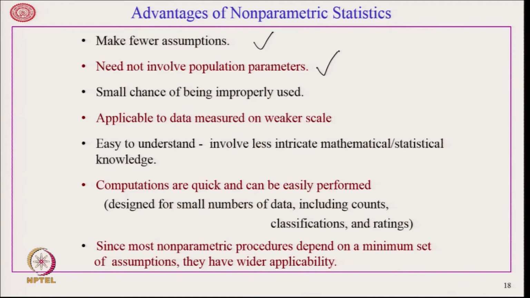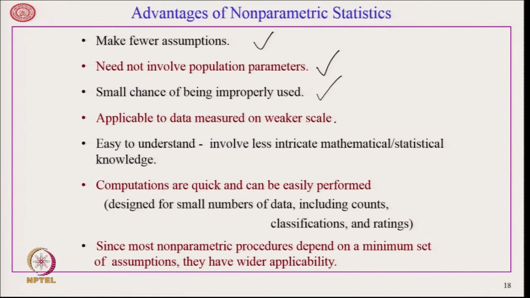As I said, we are not even assuming any distribution for the data which has come from the population. Small chance of being improperly used, because non-parametric methods have been developed for very specific purposes. So, it is very unlikely that you are going to use it in a wrong way.